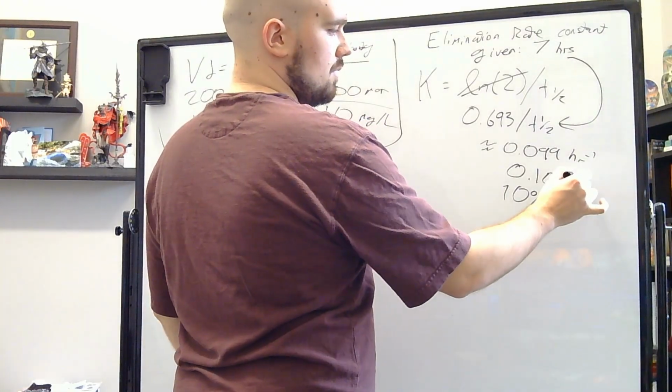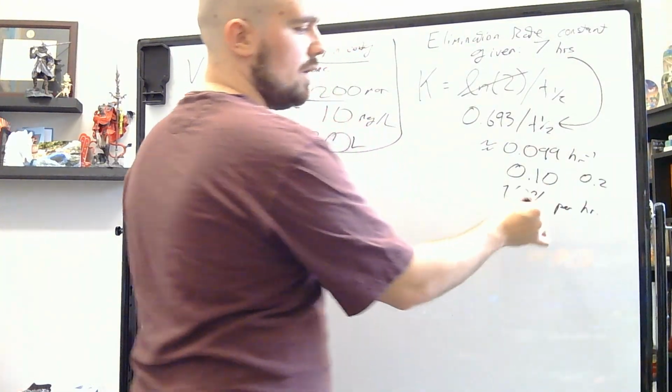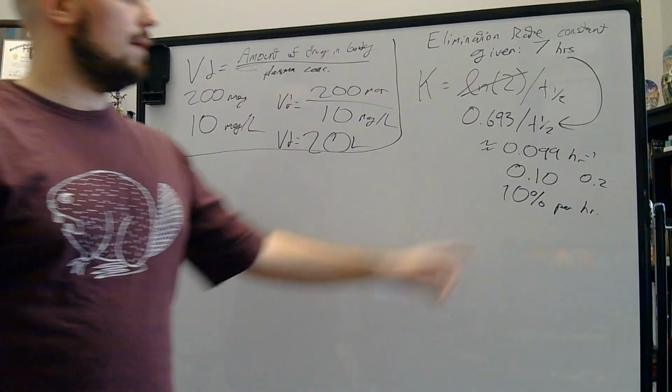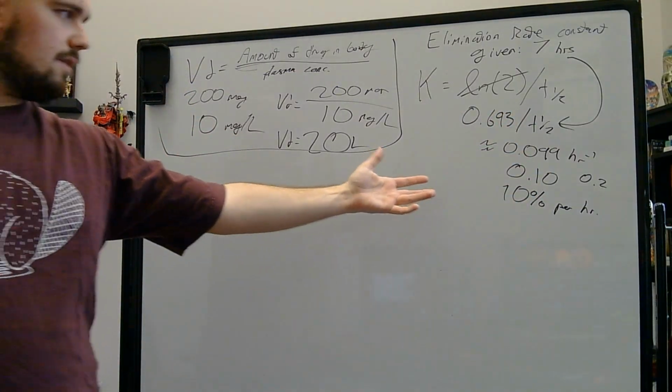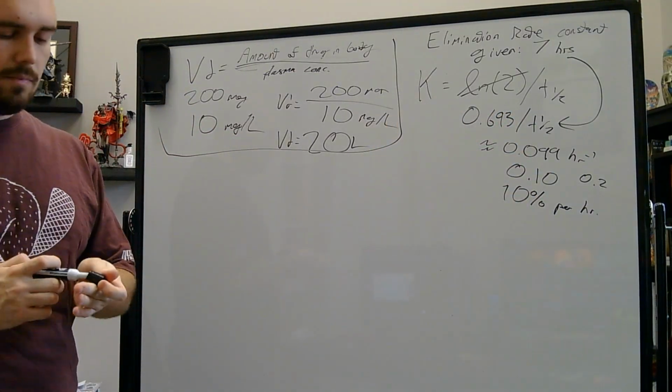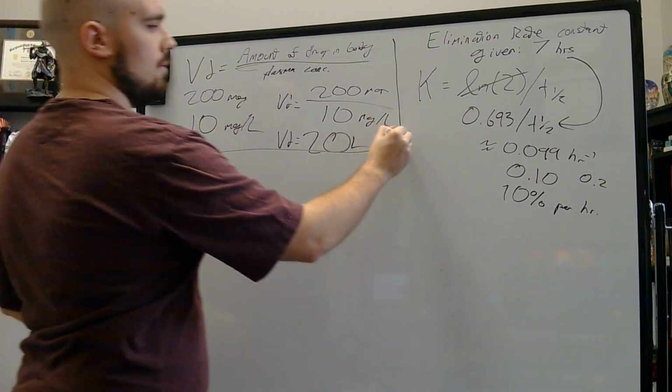If I got 0.2, this would be 20% per hour. If I got 0.3, 30% per hour. You get the gist. So that's the elimination rate constant.